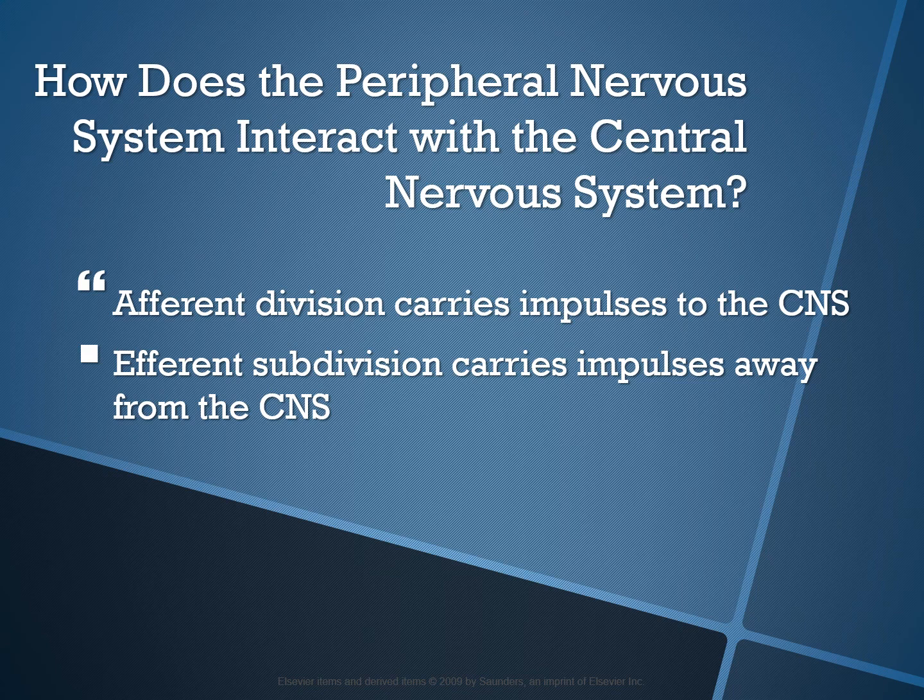So I would say that afferent carries the impulses to the central nervous system, and efferent carries impulses away.